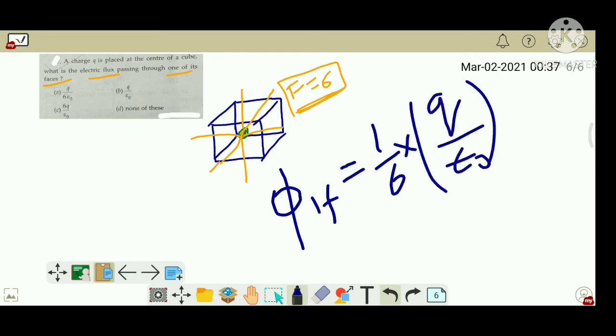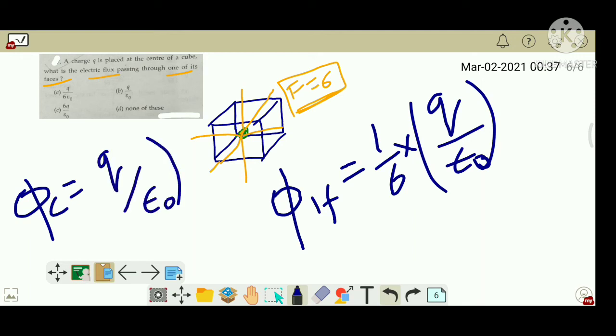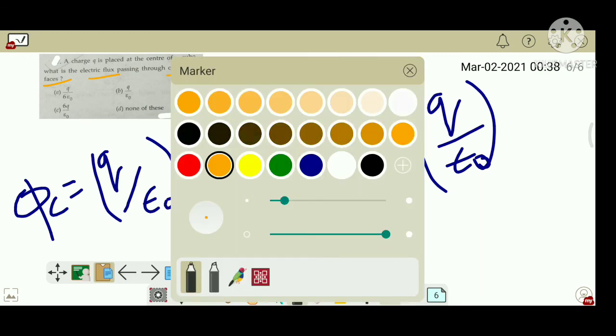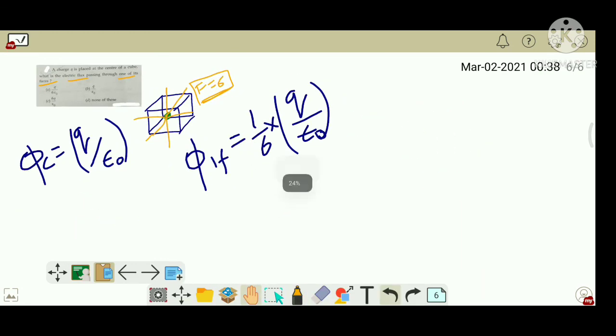Because there are 6 faces, the flux through the whole cube will be q by epsilon naught, because the charge enclosed inside the cube is q. So if you have to find the electric flux through one face, it will be 1/6 of it.